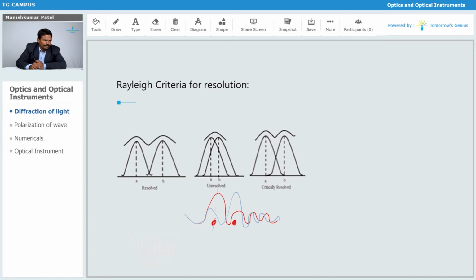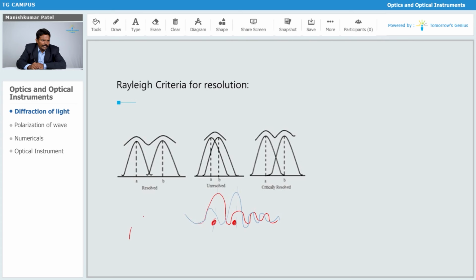There are various conditions under which the objects are well resolved or not resolved properly. So what is the condition? Here it is well resolved. The condition is that the maximum of the diffraction pattern of one point object should lie on the first minimum of the second.